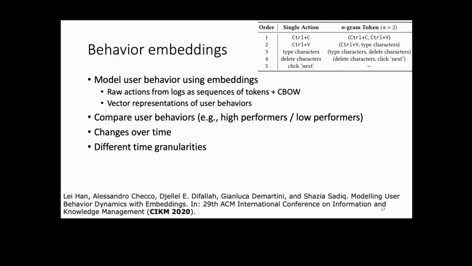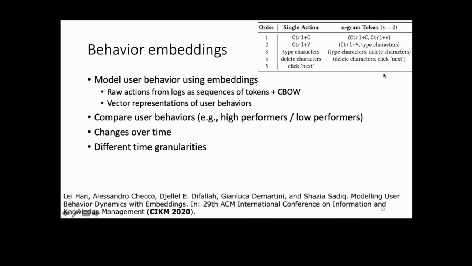If you are familiar with natural language data, you see that this is something you would typically do on documents and words and tokens. And indeed, this is what we did. We applied a very common technique, word embedding, on this type of data.